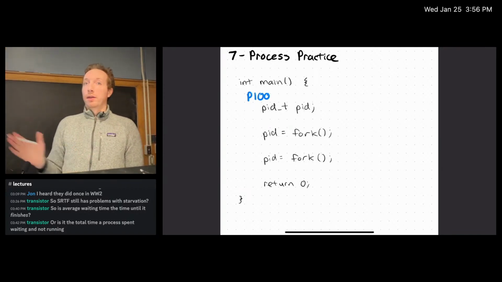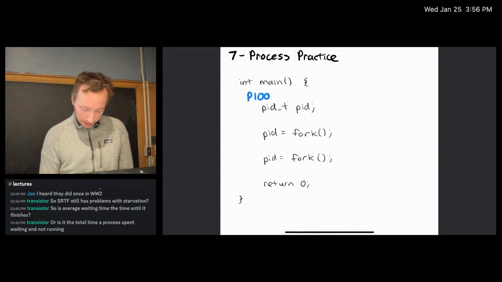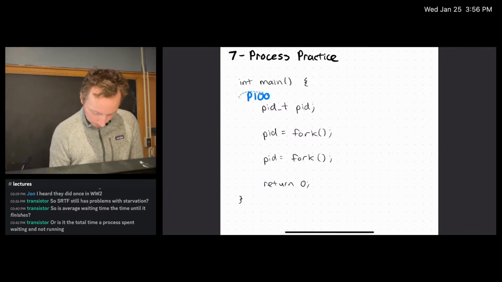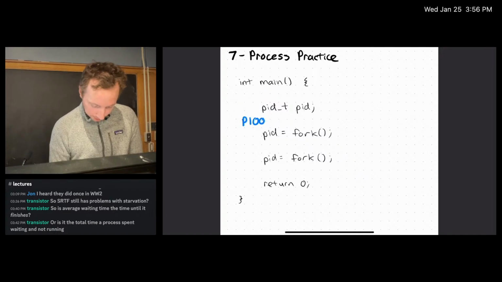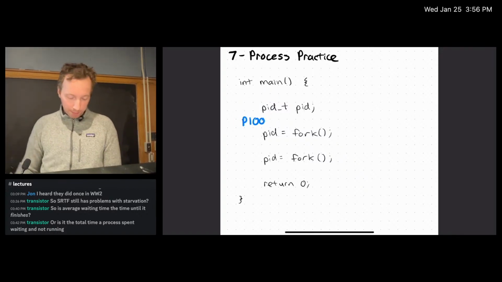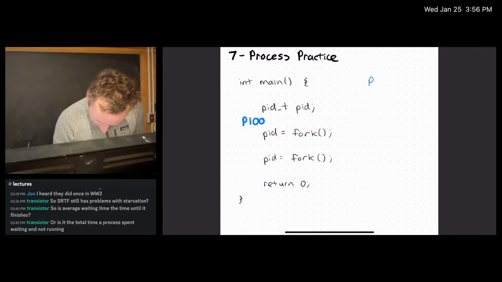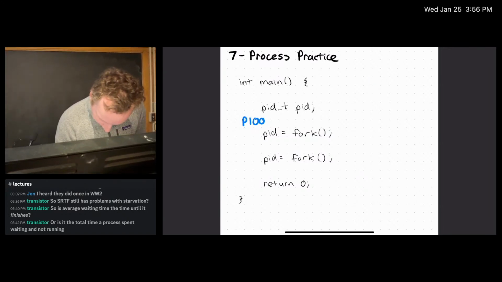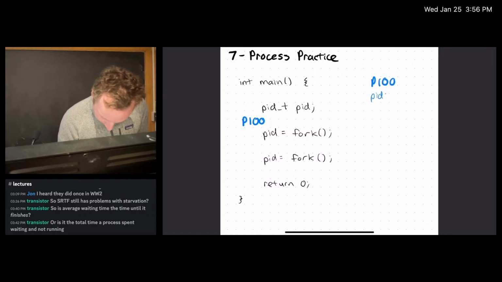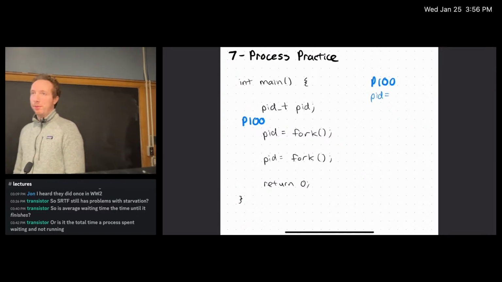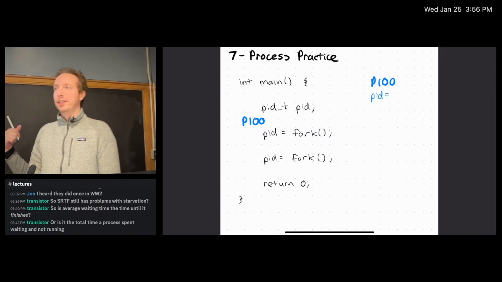Well, so far there's no fork, so everything is as you expect. In process 100, it would execute this line, get some space for PID, and on the right here, I will write its variables and everything like that. So process 100 has a variable called PID. What's the value of PID? Anyone remember their C?